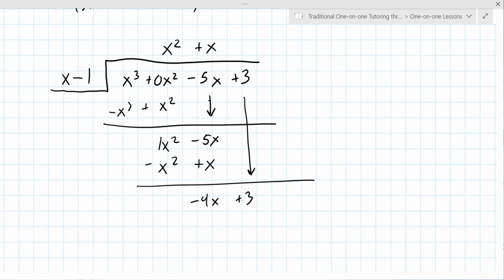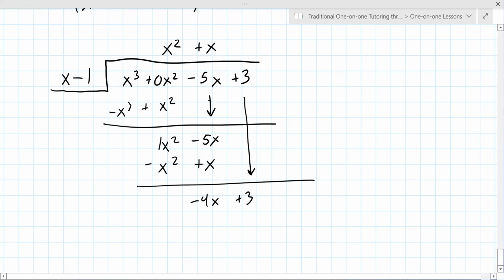Go ahead and keep working it out from here. Okay, I got -1 as my remainder.